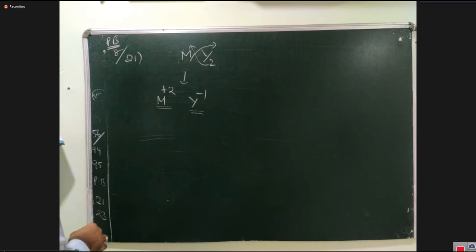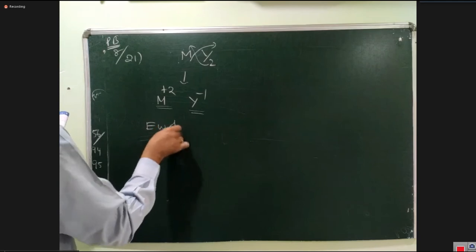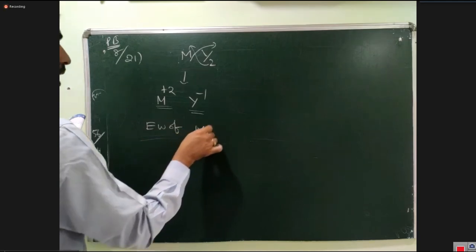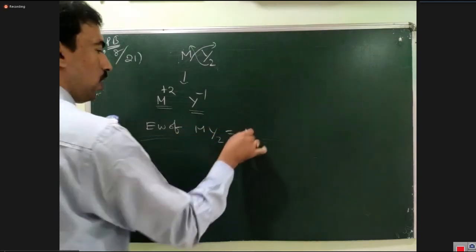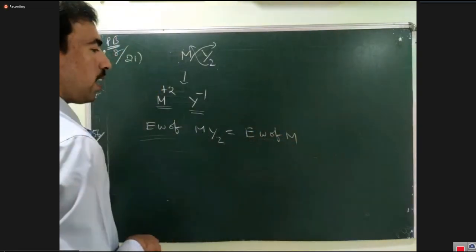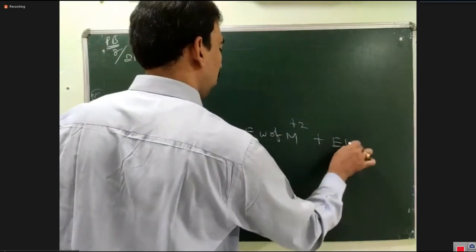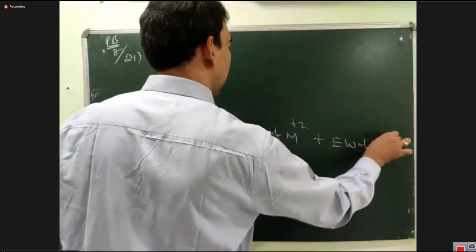Okay, so the equivalent weight of MY2 is equal to the equivalent weight of M plus 2 plus the equivalent weight of Y minus 1.